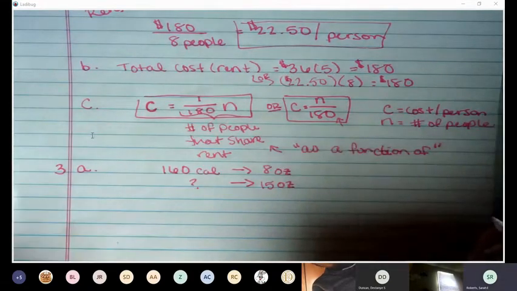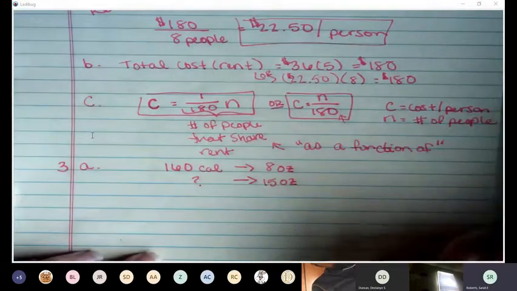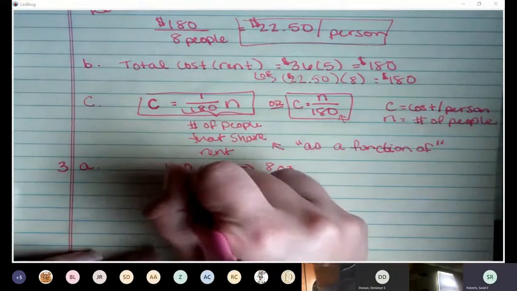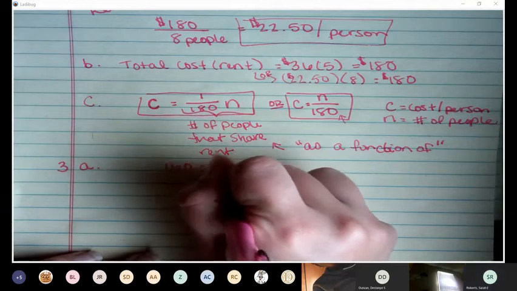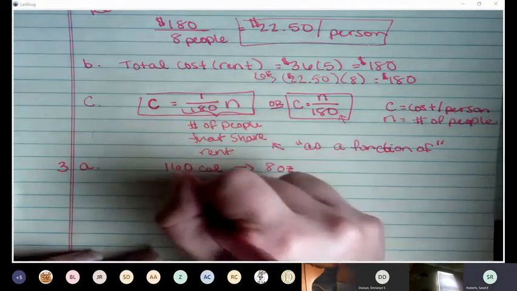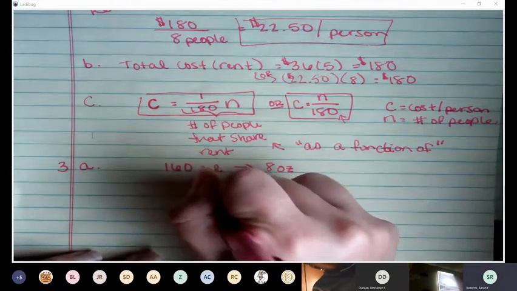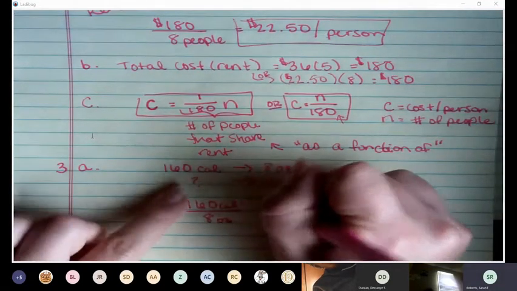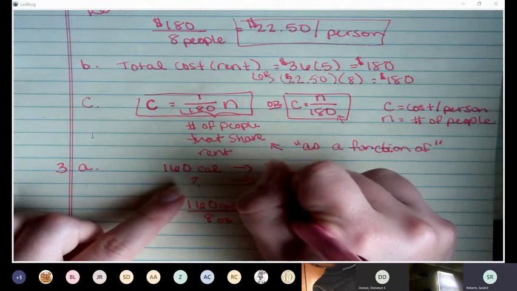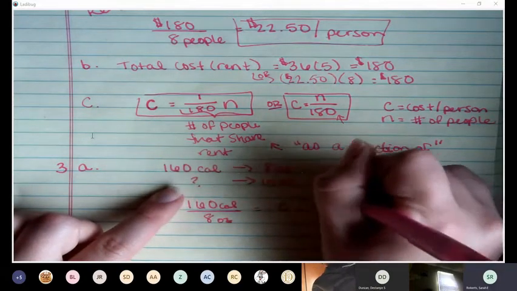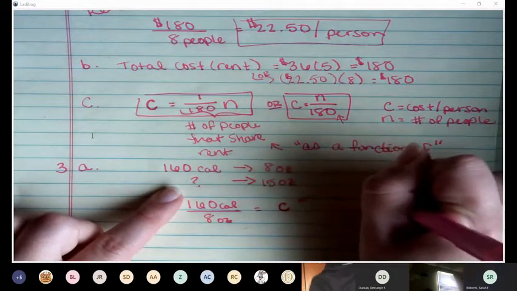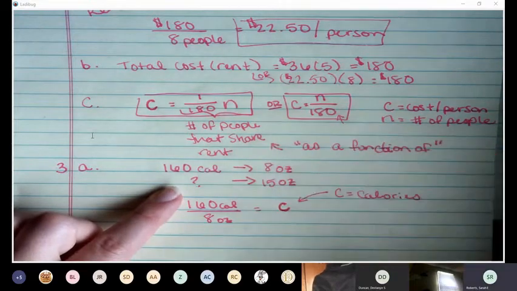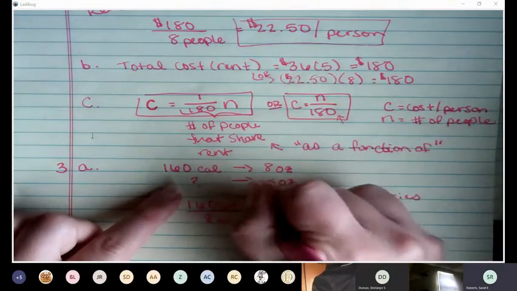So another way to do this is to set up a proportion. So for every 8 ounces of milk, we have 160 calories. We don't know the number of calories here. I'm going to make a variable C. So C is the number of calories. And I'm going to divide that by 15.